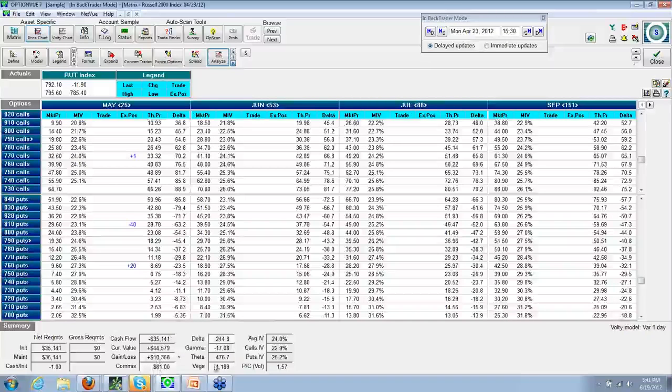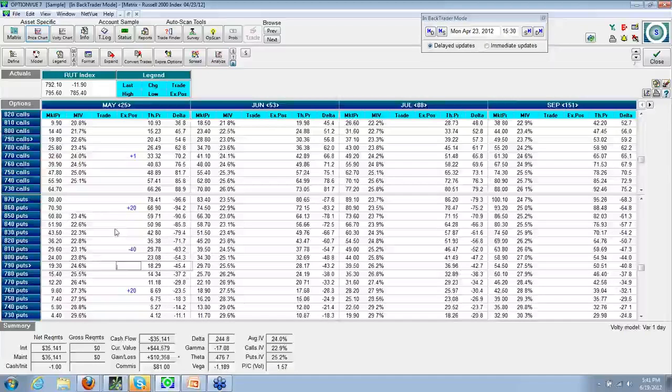I don't want to carry that high a delta in this situation. So one of the things I can do is I can maybe take some of these and roll them back again. So let's take a look at that. Let's take a look at rolling these to -10. And let's just try 20. We'll see what it looks like.